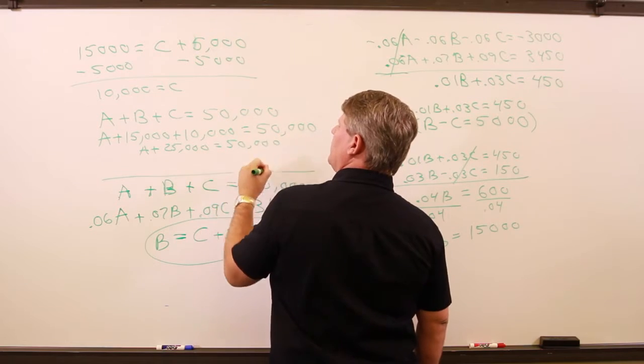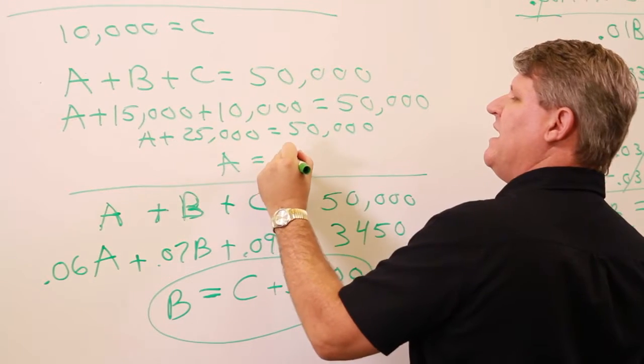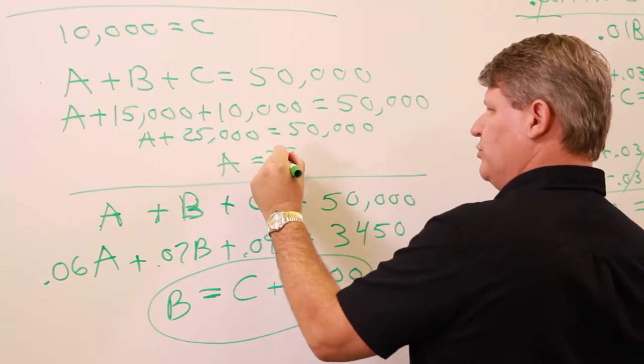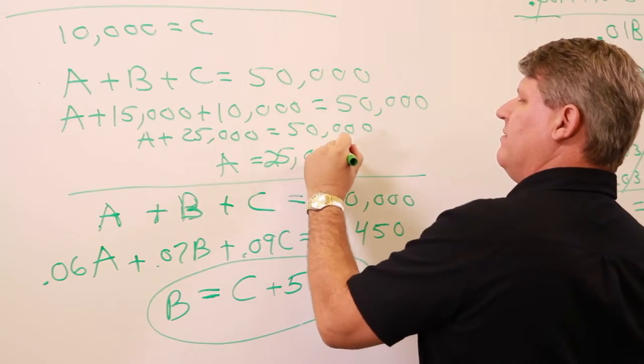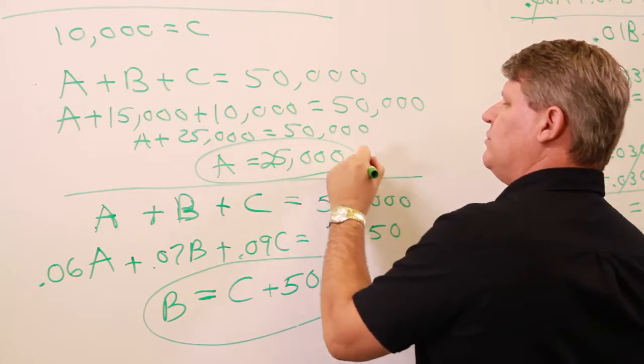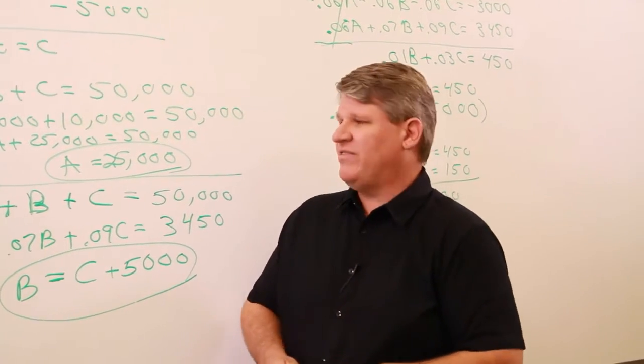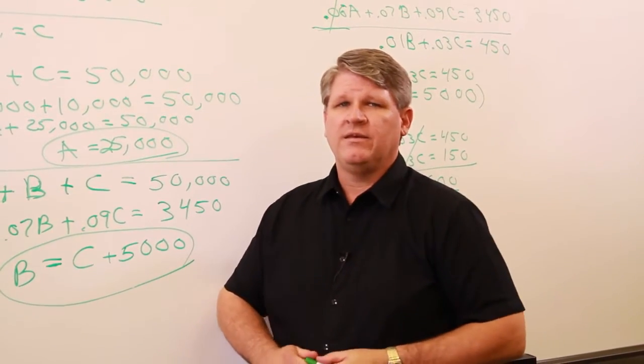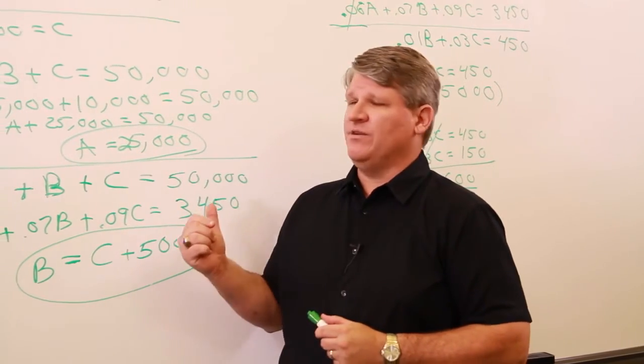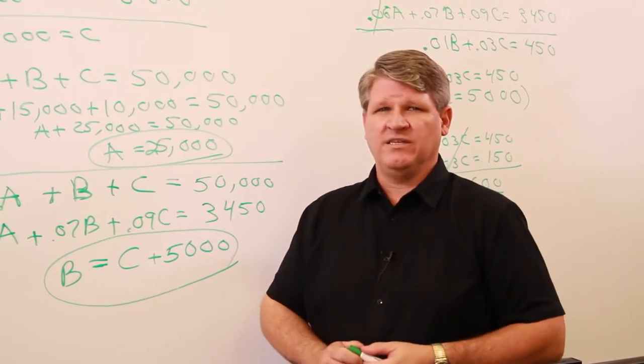And if I subtract 25,000 from both sides, I get that A is equal to $25,000. So we've been able to figure out that Joan put $25,000 into Fund A, 15,000 into Fund B, and 10,000 into Fund C.